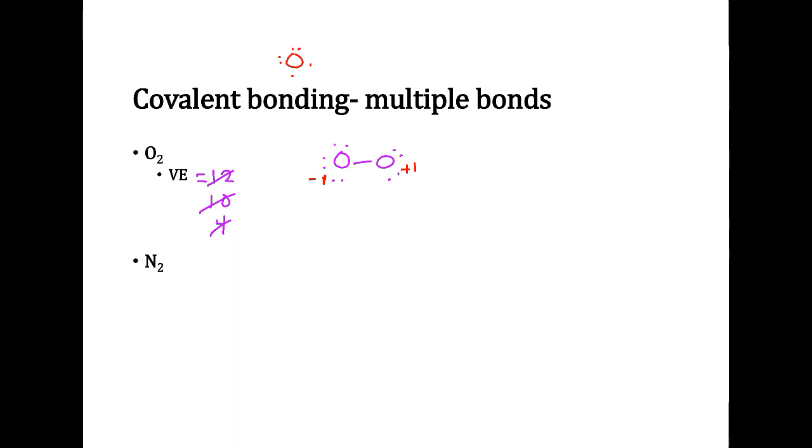So whenever we have adjacent atoms that have opposite formal charges, what we can do is move a lone pair of electrons in, and what we'll get is this.